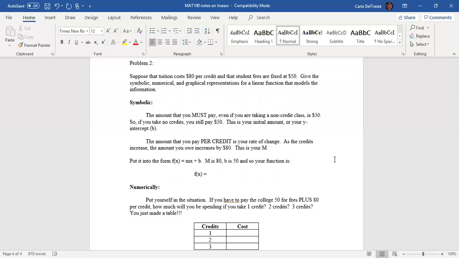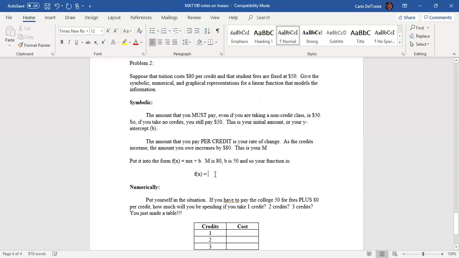So without doing the table first, we could extract the information for slope and y-intercept right from the problem. The word per is our clue that we have a constant rate of change. It's $80 per credit. And the fixed fee of $50 means even if I didn't take any credits, I still have to pay $50. So that's my y-intercept.